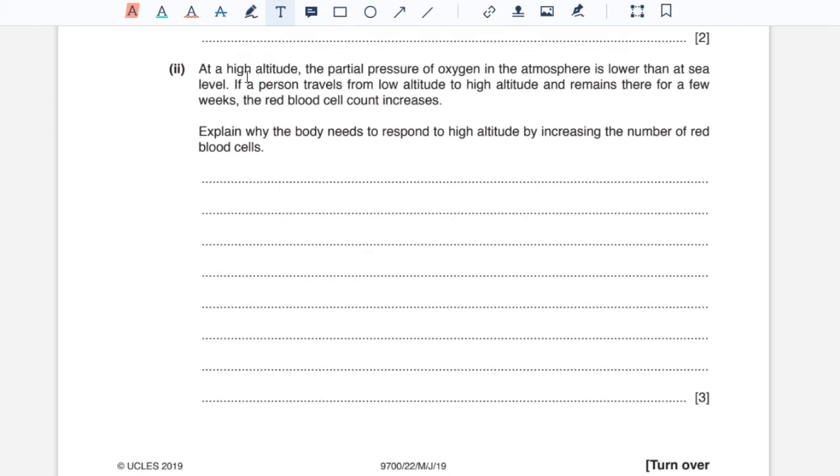Because the partial pressure of oxygen is lower in the air, the amount of oxygen inhaled would be lower, and therefore the affinity of hemoglobin for oxygen would be lower as well. This would decrease the percentage saturation of hemoglobin with oxygen, and to compensate for the lack of oxygen, a greater number of red blood cells are synthesized so that a greater amount of hemoglobin is available to bind with the oxygen molecules.